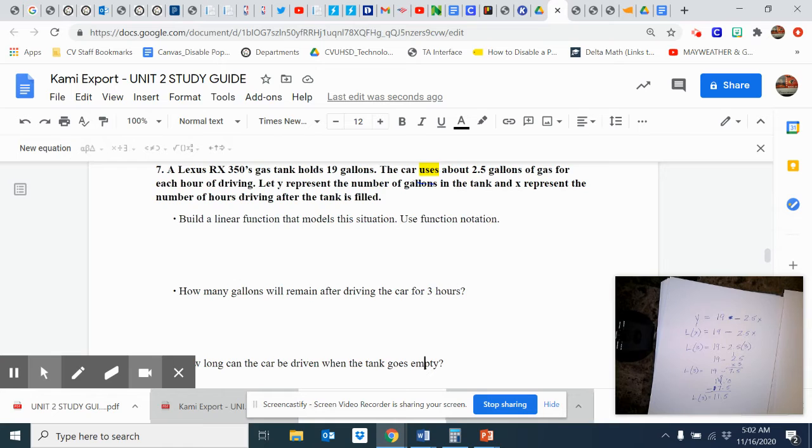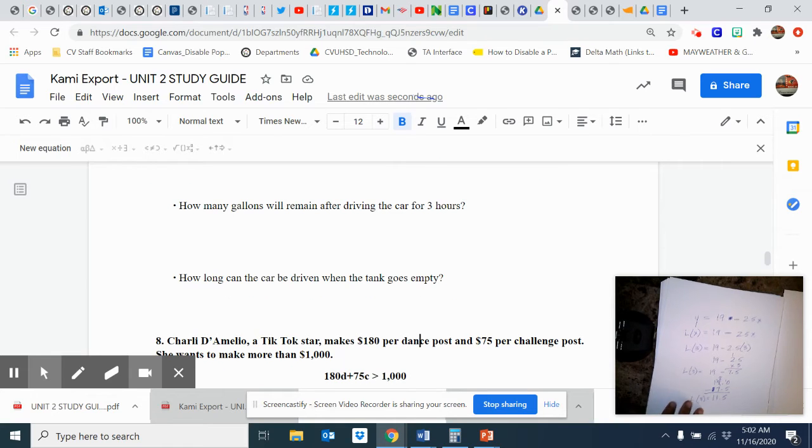Okay. Now, the part where it says, how long does it take for your car to be empty? We have L of x equals 19 minus 2.5x.